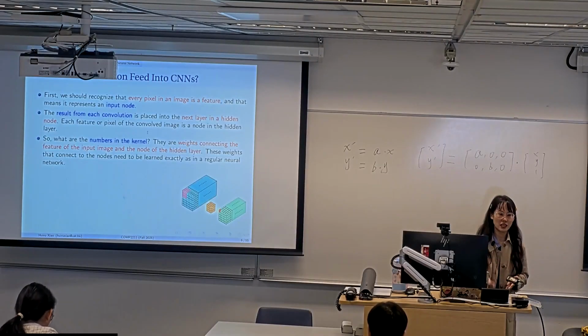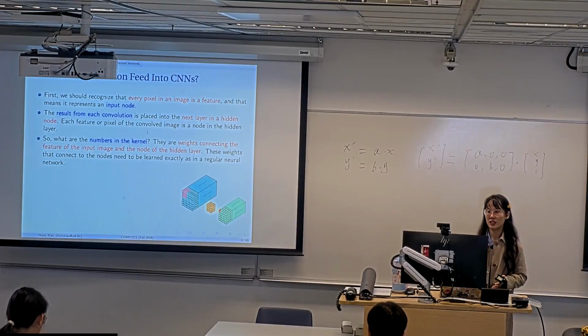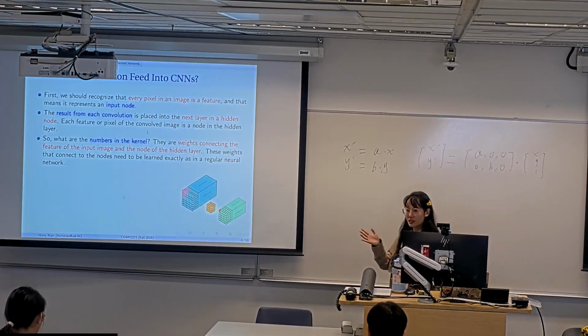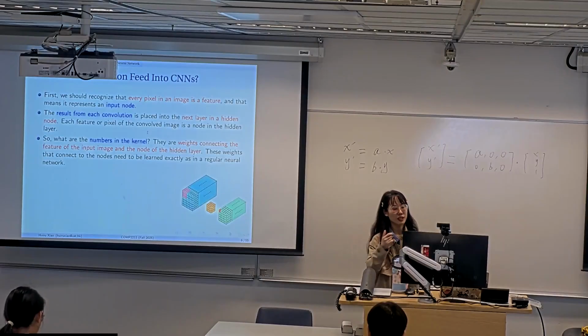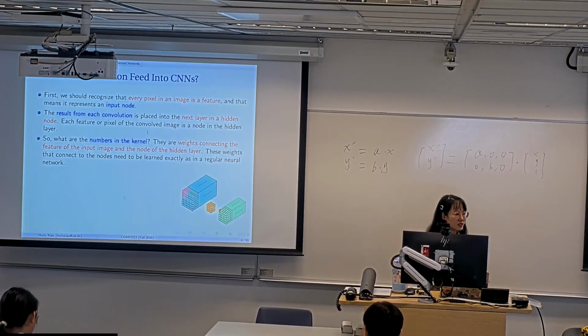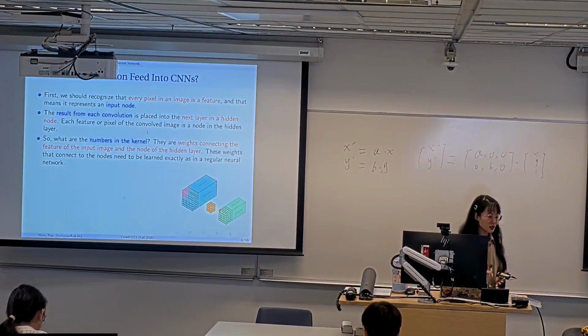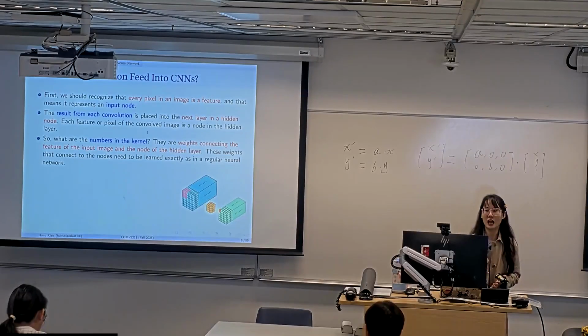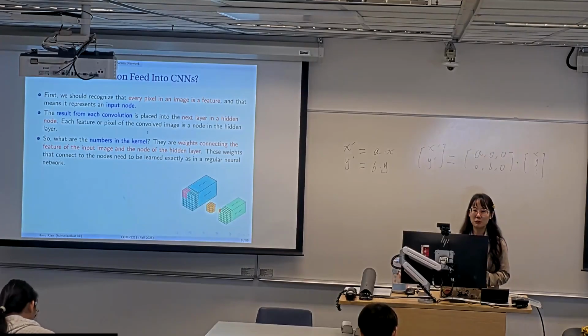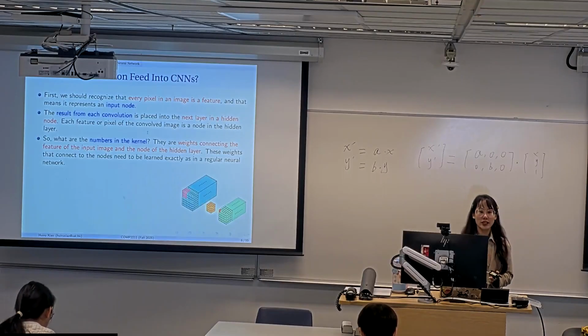Like previously in MLP, we know that all the layers are just 1D, right? And all the edges connect some node in the previous layer with some node in the current layer. The edge has a weight parameter. The weight parameter assigns weights to the inputs, deciding how important each input or each feature is. And the weights should be learned during the training.